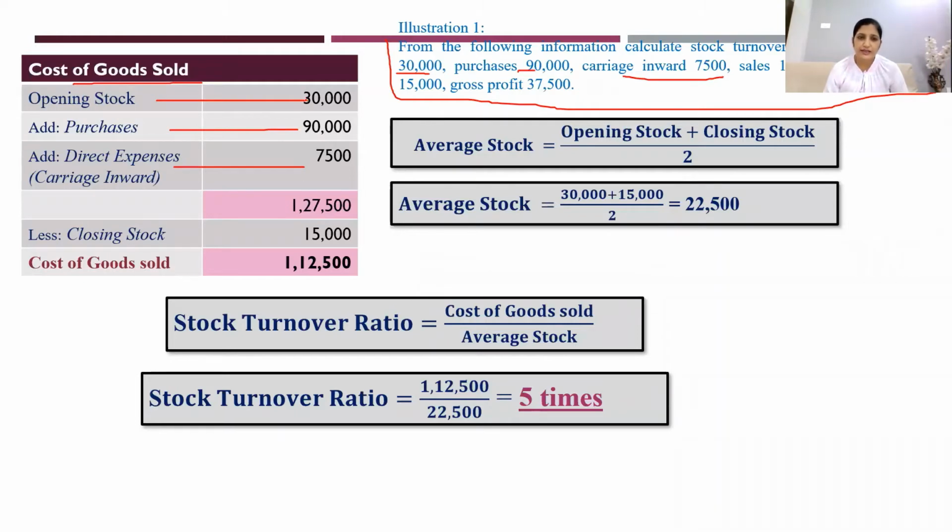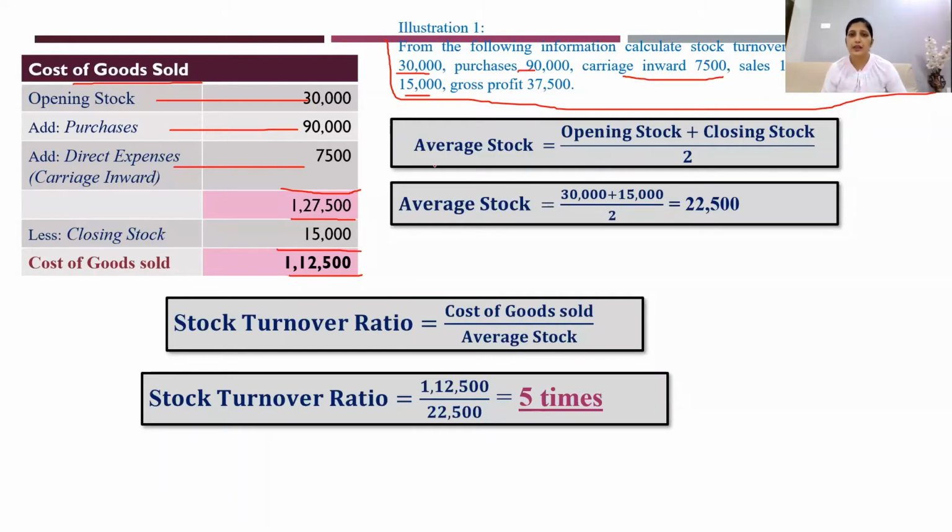If you add these three, 30,000, 90,000 and 7,500, you will get 1,27,500. For this, we are reducing closing stock, which is 15,000. If I reduce 15,000, we'll get 1,12,500. This is the cost of goods sold.